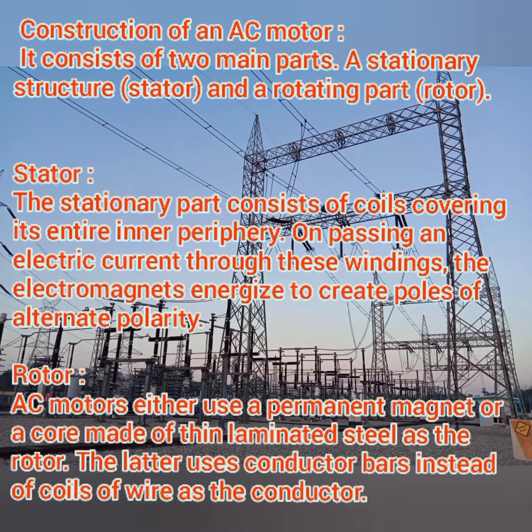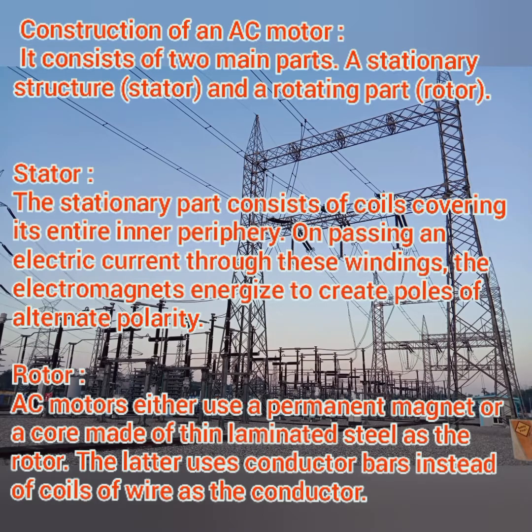Then the rotor. A rotor in an AC motor either uses a permanent magnet or a core made up of thin laminated steel. The latter uses conductor bars instead of coils of wire as the conductor. So this is the rotor construction.